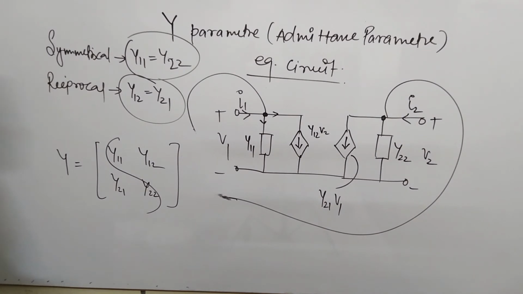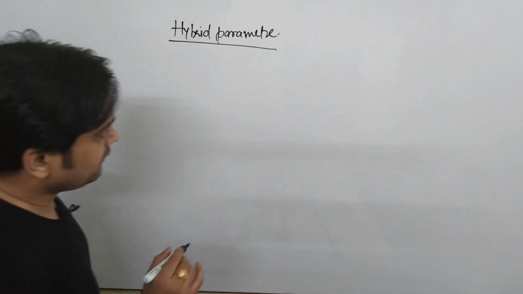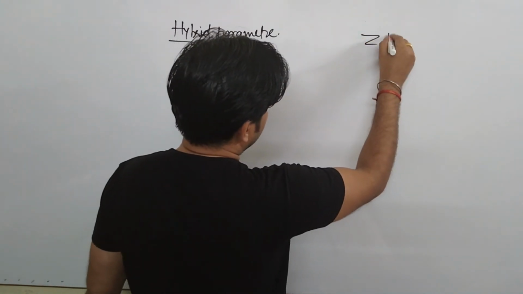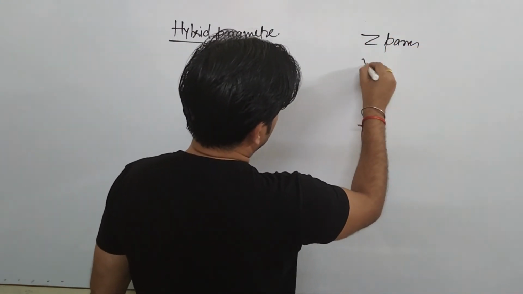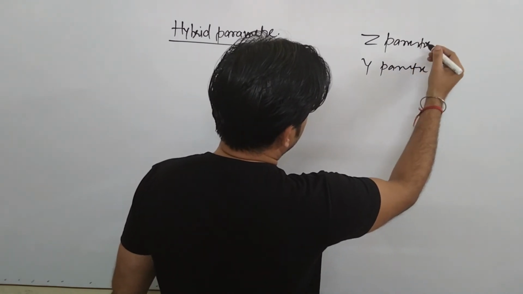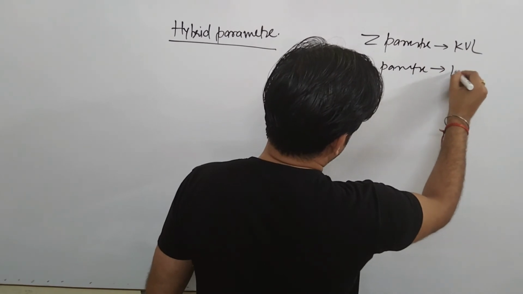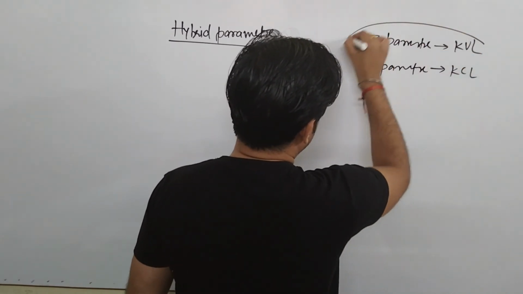Now we'll see the H parameters. One important thing which we have already seen in Z parameters and Y parameters is that this equation is basically a KVL equation and this equation was basically a KCL equation.